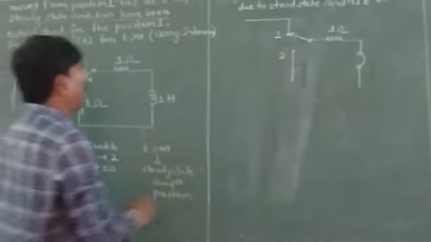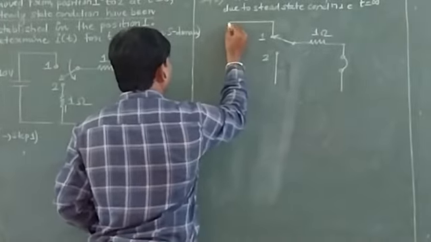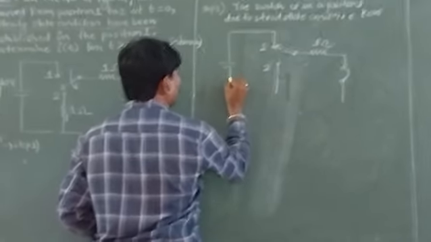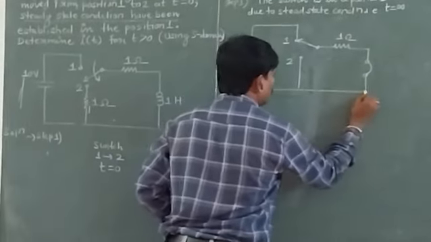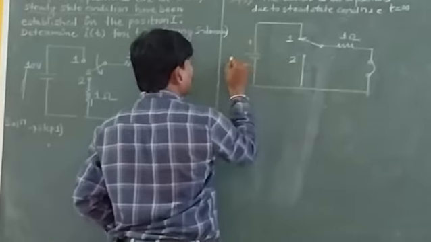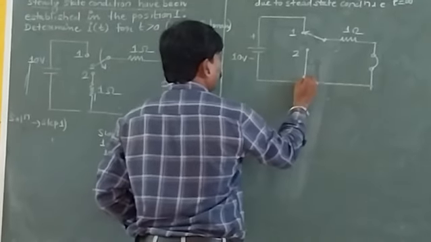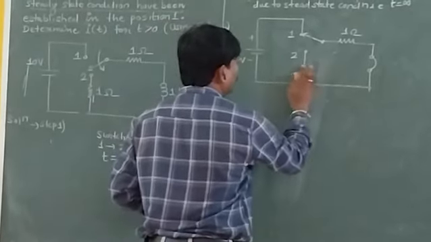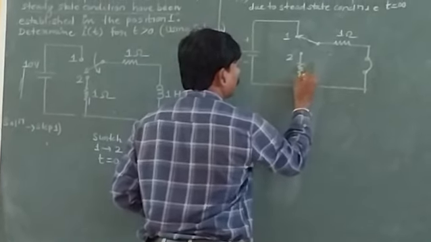Got it? And the voltage source will remain as it is, that is 10 volts. This will be another element, a resistance of 1 ohm.